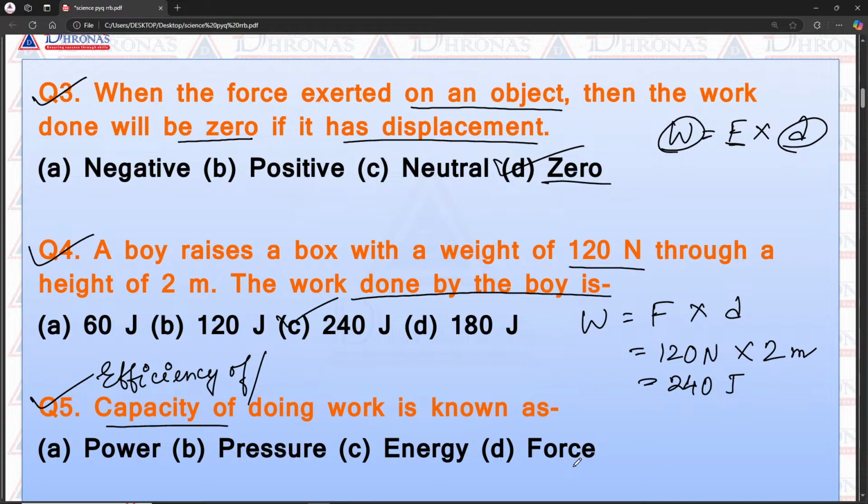So the correct option is energy. Power means work per unit time. That means rate of work is known as power. The capacity or efficiency of doing work is known as energy.